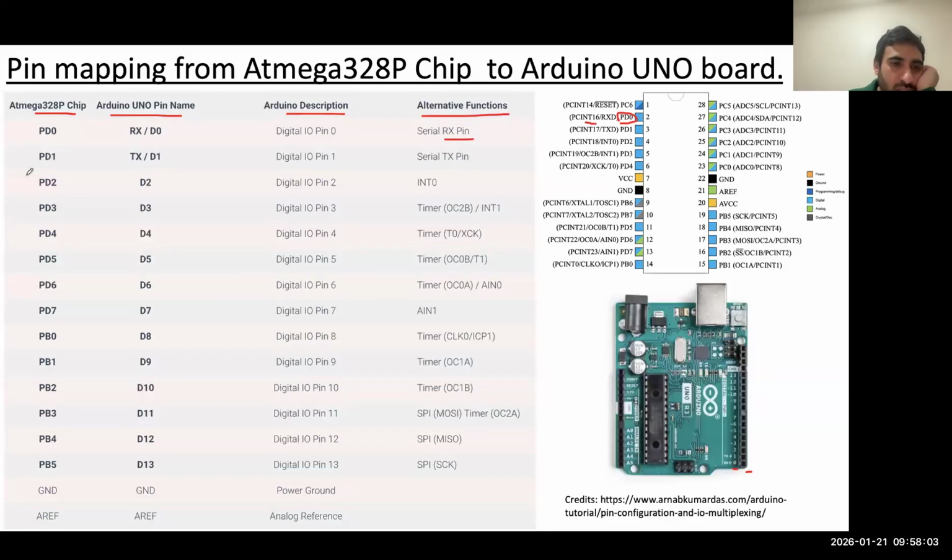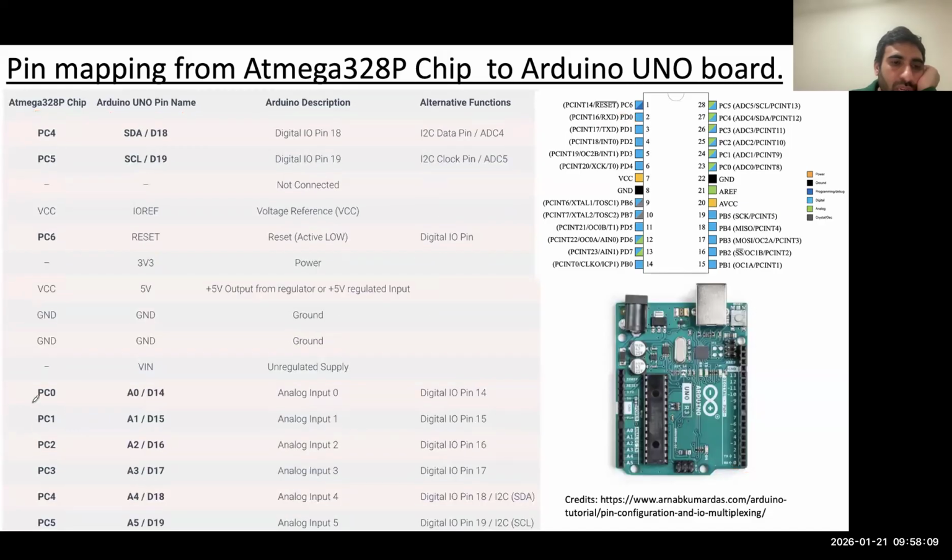The same is the case for all other rows in this table. For example, by looking at PC0, this row tells you that PC0 of the ATmega328P chip is connected with A0. So where is PC0? Here.